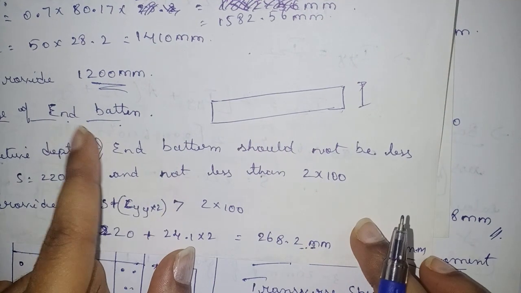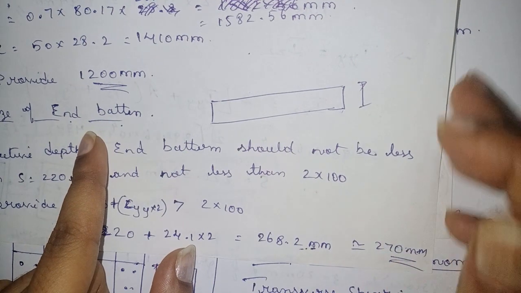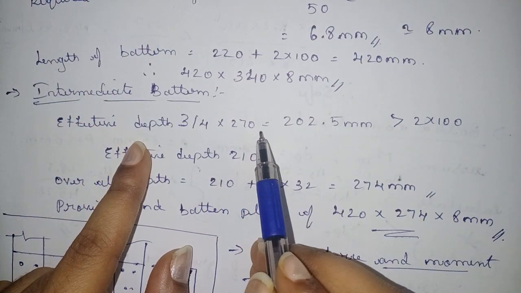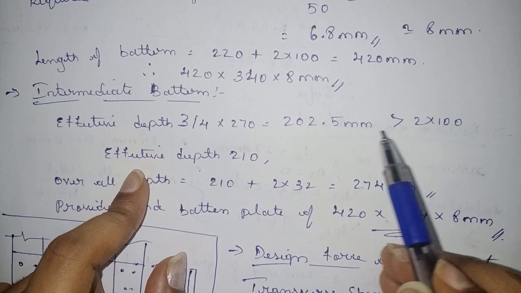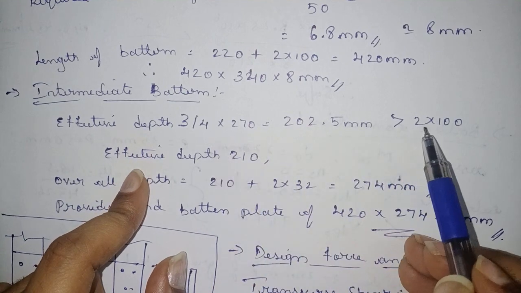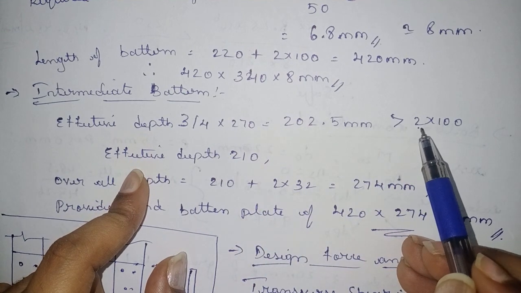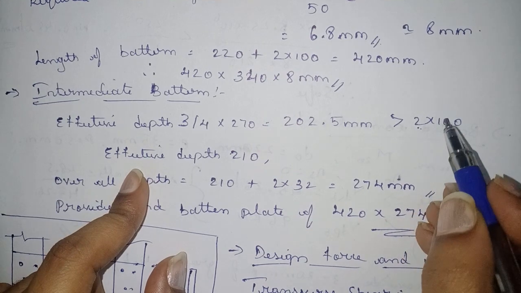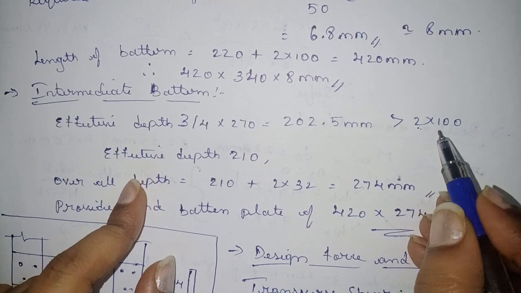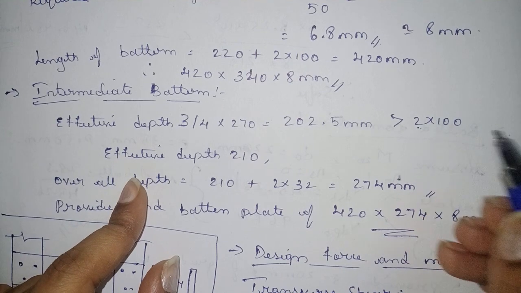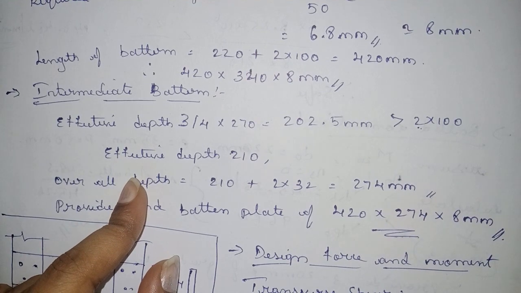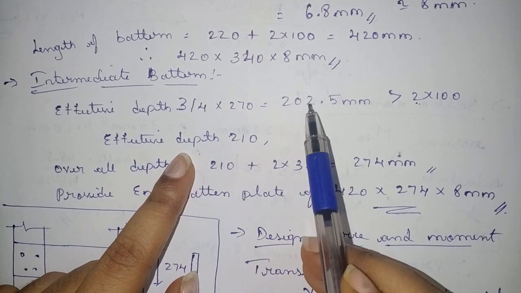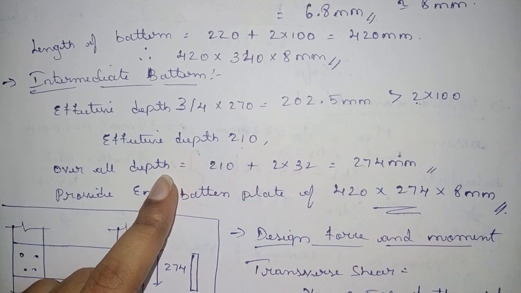That is the end batten effective depth, 270. 3 by 4th of that should be maintained, okay, and it should not be lesser than 2 into 100, 2 times the width. So what is the effective depth now? It is 210. Round off, you will get 210.